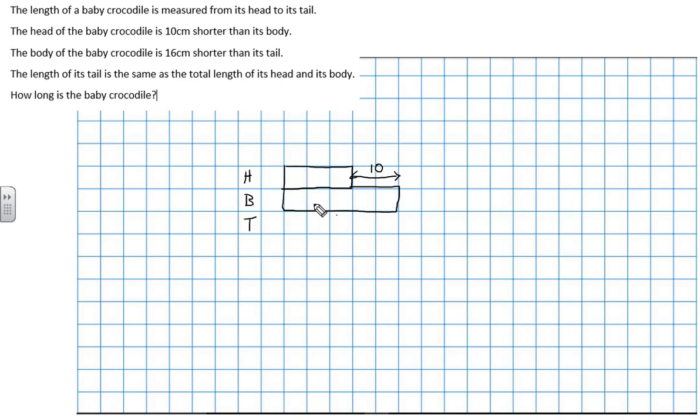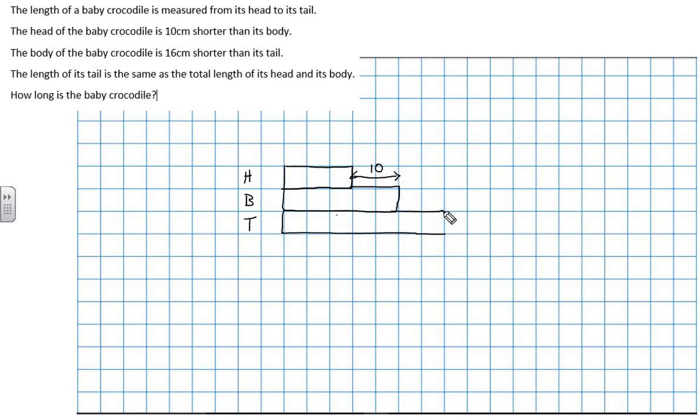So that was the body. It says the body of the baby crocodile is 16 centimetres shorter than its tail. Okay, so this bar is going to be the longest bar, and it's going to be 16 centimetres longer than the body.